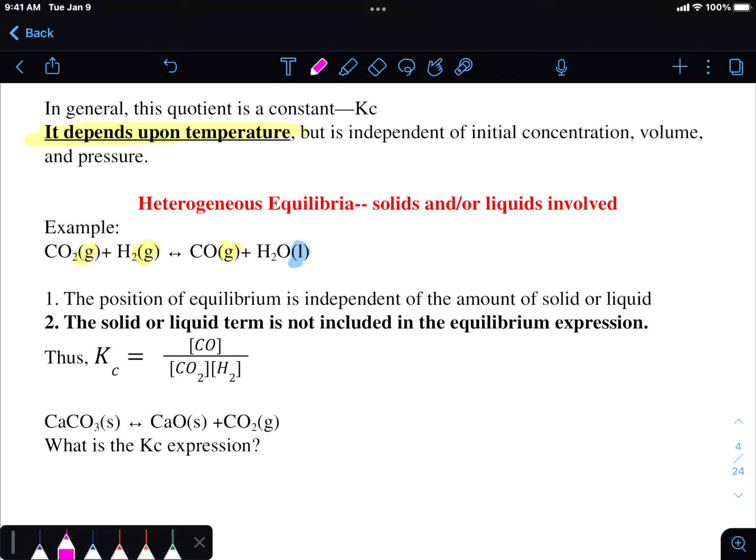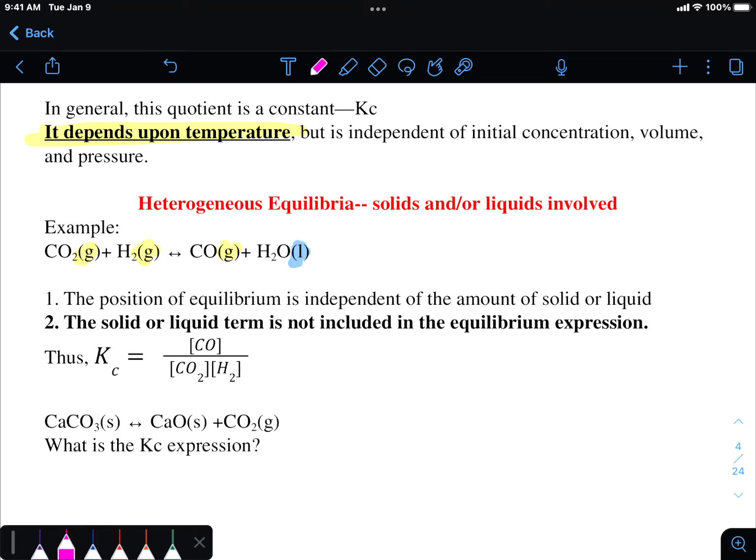So whenever you have a condensed state like solids and liquids, the condensed state does not have a measurable concentration. Because you cannot calculate the concentration for a solid or liquid, you are to omit that species from the law of mass action.